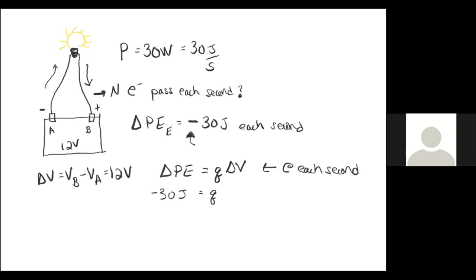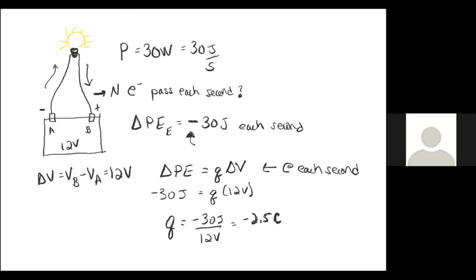And we know that we have this potential difference of 12 volts. Then in each second, the amount of charge we can move through the headlight will be minus 30 joules divided by 12 volts. And that gives us minus 2.5 coulombs. So in each second, we're moving minus 2.5 coulombs worth of charge through that headlight.